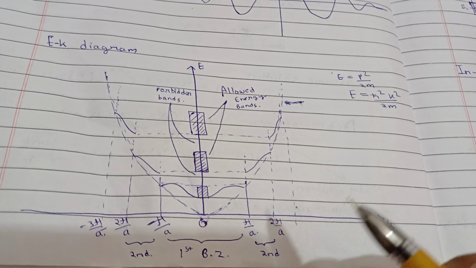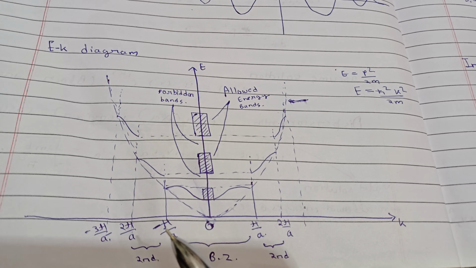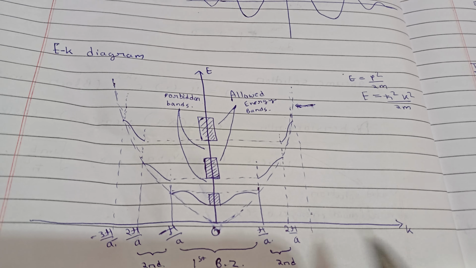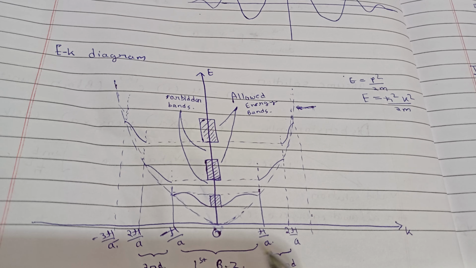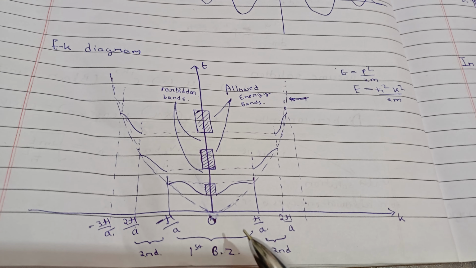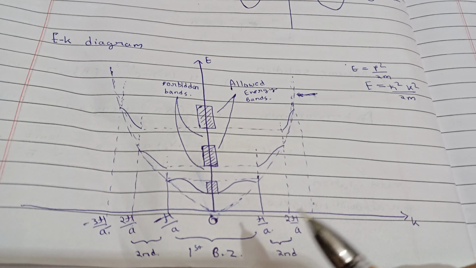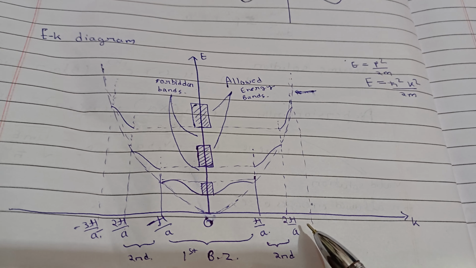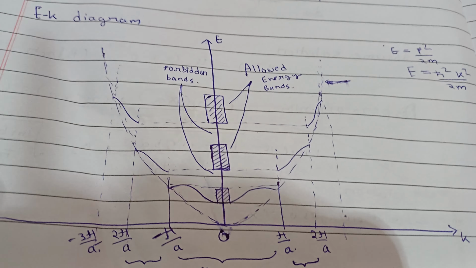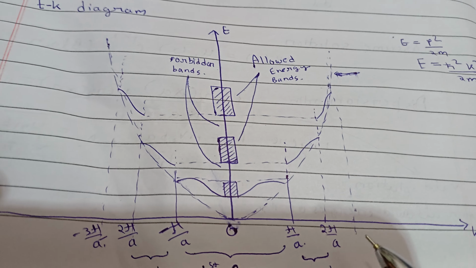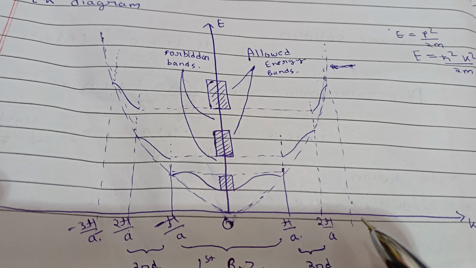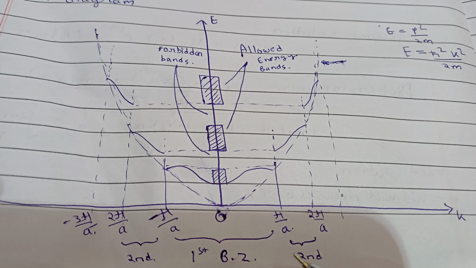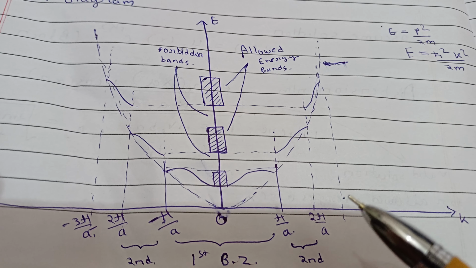Okay, now this region where an electron can exist, this first band on the k axis from minus pi by a to pi by a, we call this the first Brillouin zone. Okay, and from pi by a to 2 pi by a, and on the left hand side as well, we call it the second Brillouin zone.